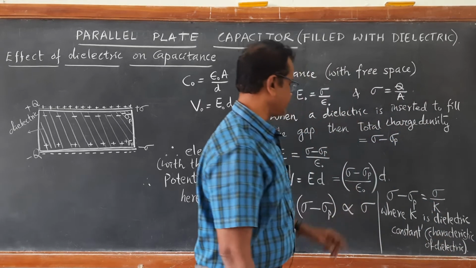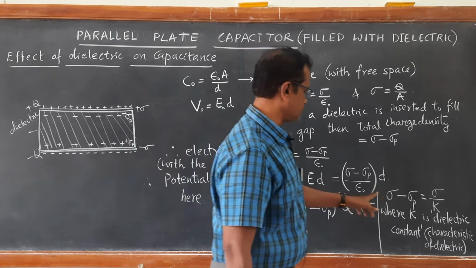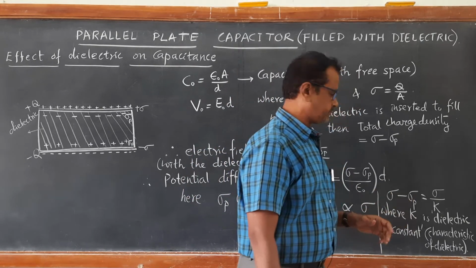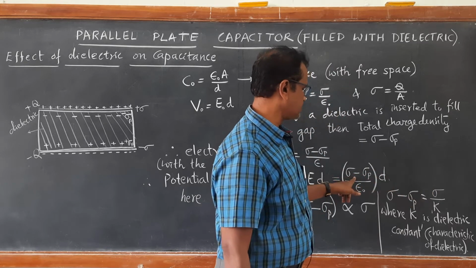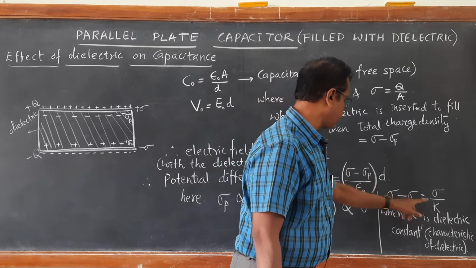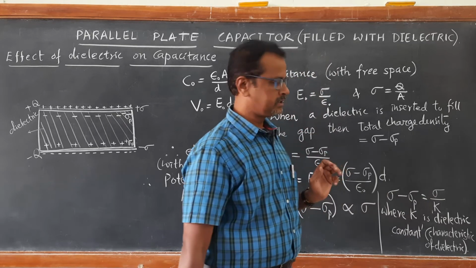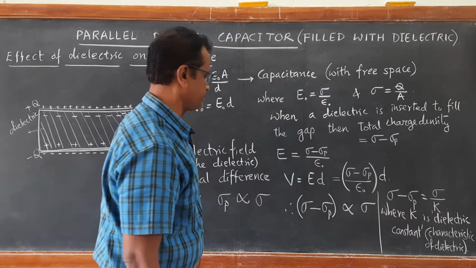So in this equation, we are now going to substitute the sigma minus sigma p value. If you substitute, you will get sigma in the numerator, and in the denominator k epsilon naught. That is what I am going to write in the next step.